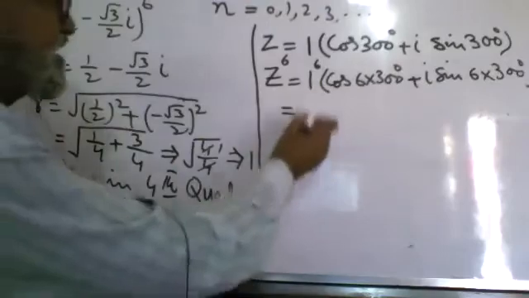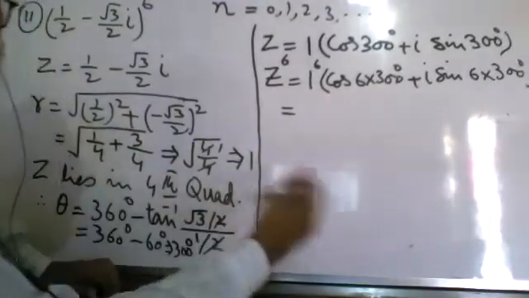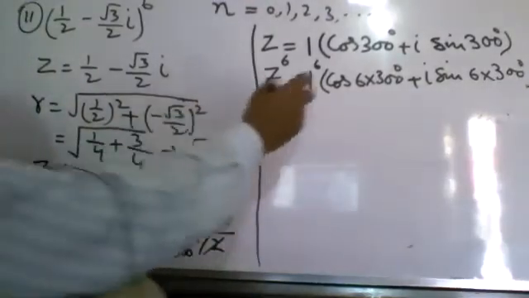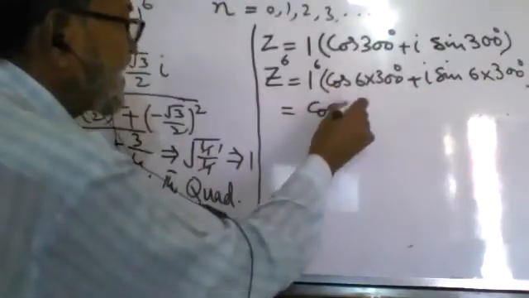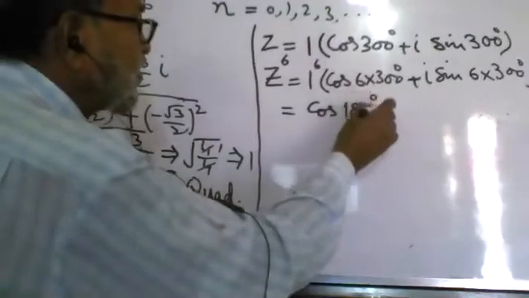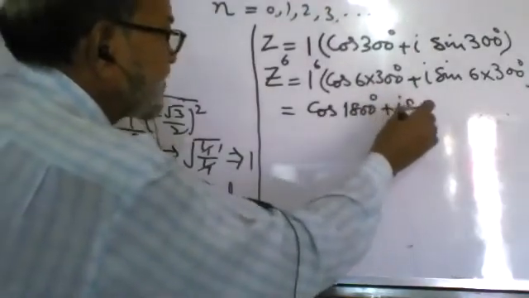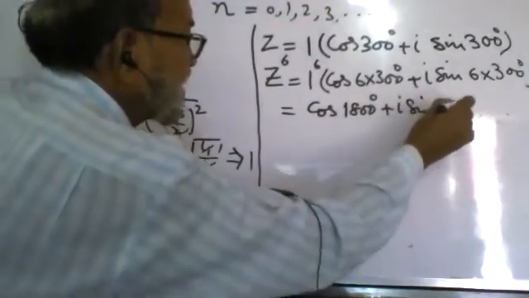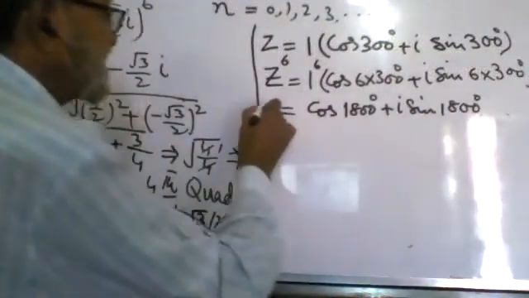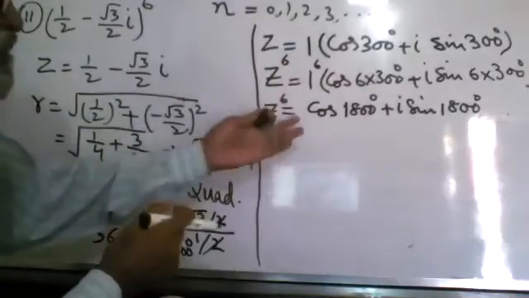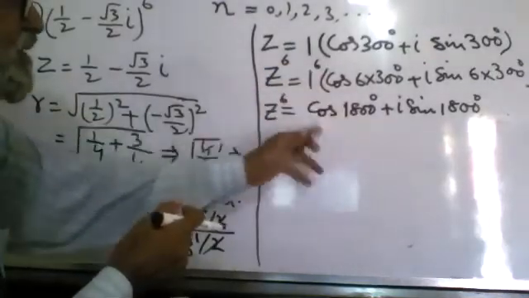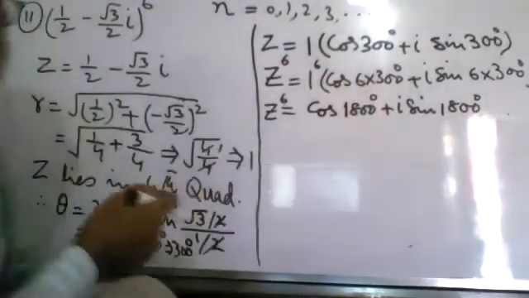No need to write, 1 into something will be the same. So it will be cos 1800 degrees plus i sin 1800 degrees. This is Z raised to power 6. That's all.